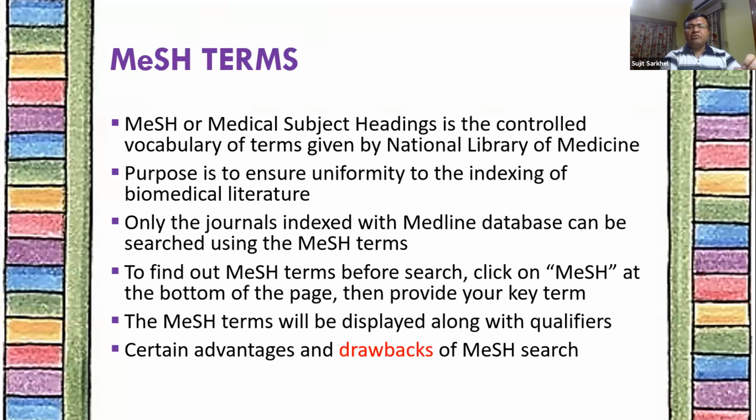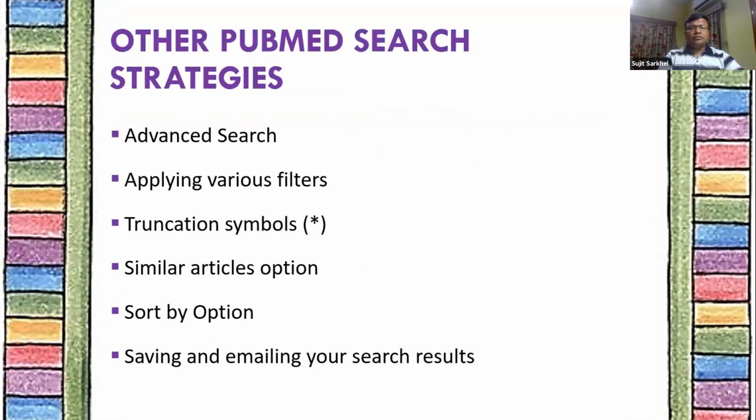And number 2, there are many articles in PubMed which do not belong to Medline indexed journals. In those cases, MeSH headings will not yield those articles. So these are 2 disadvantages of MeSH search. Otherwise, MeSH is a very systematic way of searching articles, and it has been very rigorously done by a team of indexers of Medline.